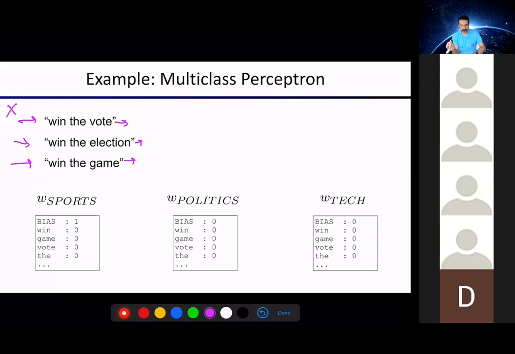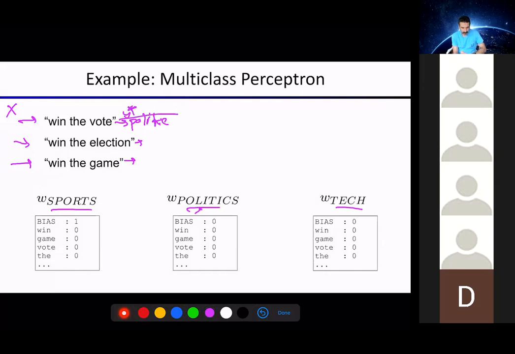The classes are sport, politics, tech. Win the vote is easy for us to identify. Win the vote should be associated to politics, so politics is the Y star.